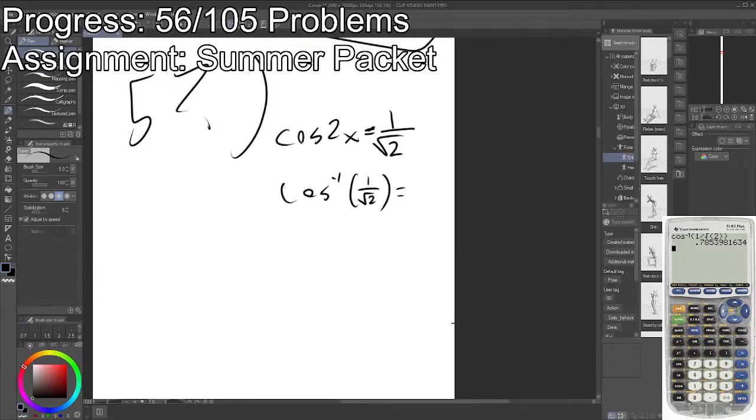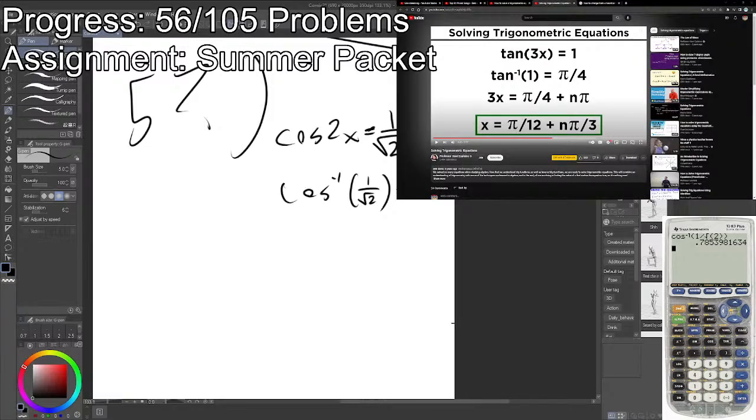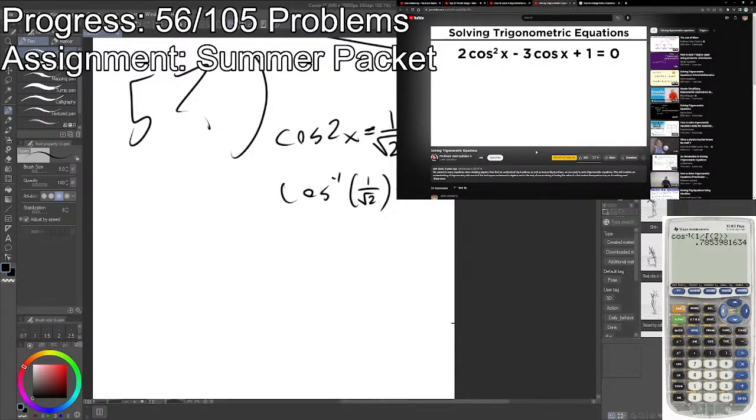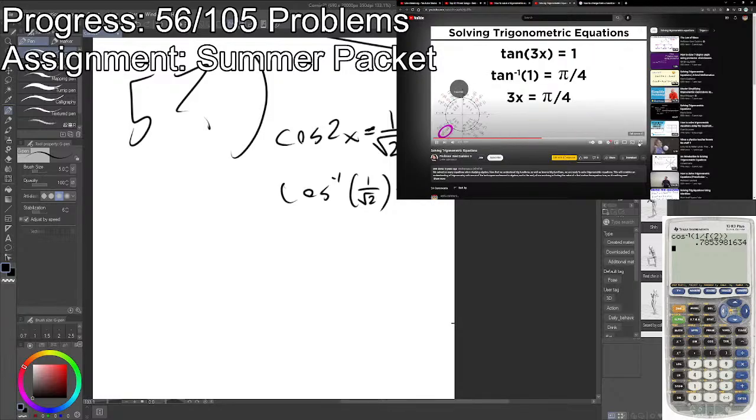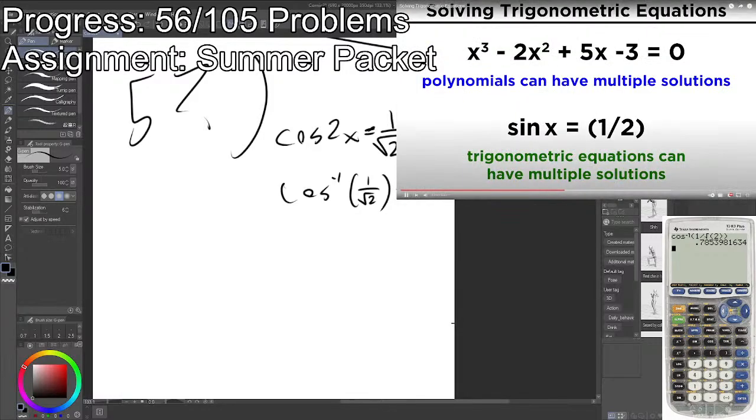Pi works as well. That means that 3x equals quarter pi plus n pi. Now to solve for x, we divide both sides by 3. That leaves us with pi over 12 plus n pi over 3. Trigonometric equations get much more root 2 trig function. Rewatch this.